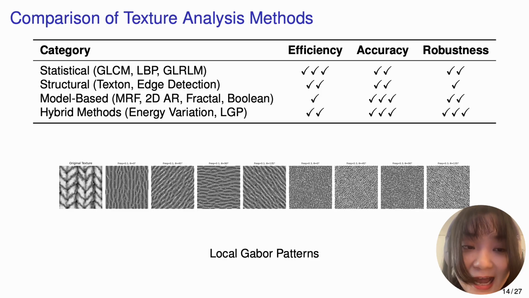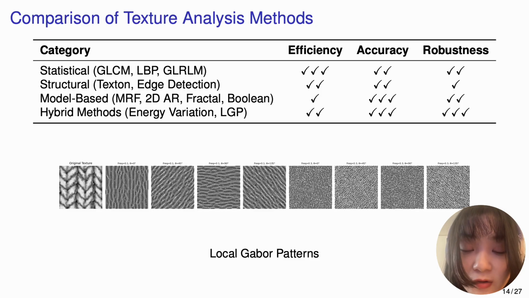To be noted, the hybrid methods, like the energy variation, which I can explain, is a combination of gray level co-occurrence matrix, local binary pattern, and edge detection methods, and computes their energies as features.